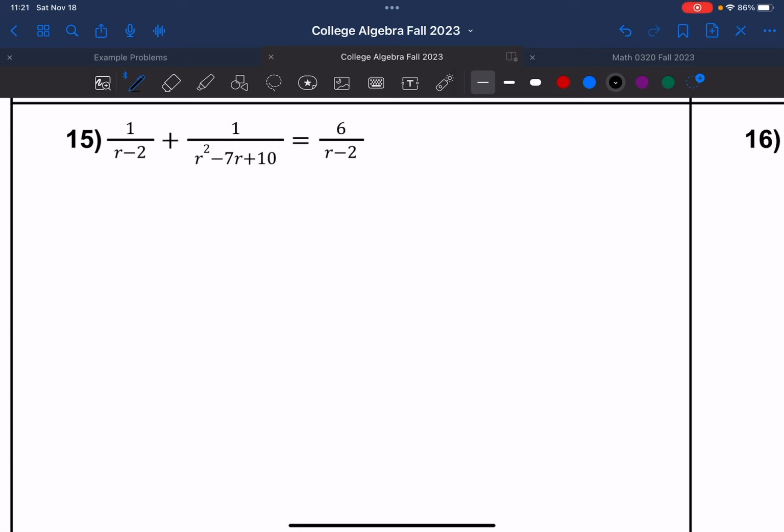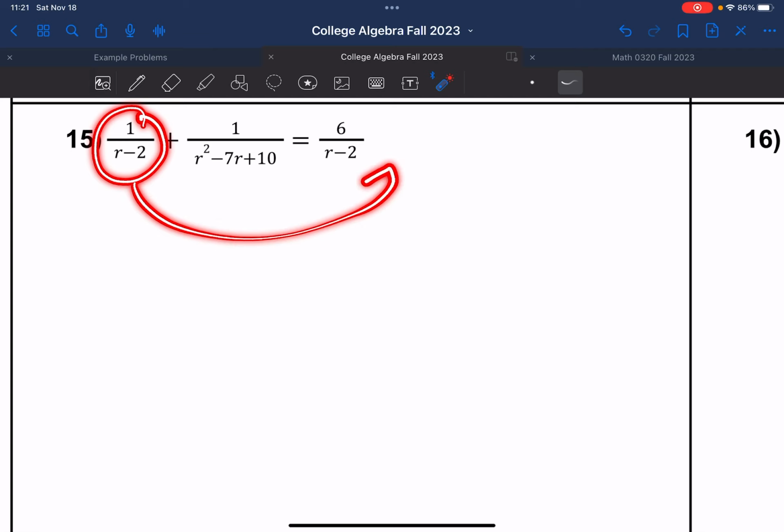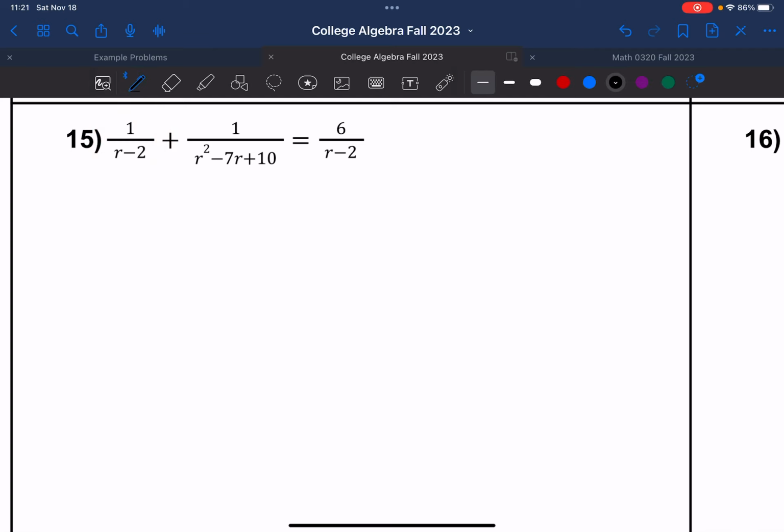Okay, remember in 15, we want a fraction equal to another fraction. So notice that we have common denominators here, but they're on opposite sides. So I'm going to go ahead and move this 1 over r minus 2 over to the right. I'm going to do that by subtracting.